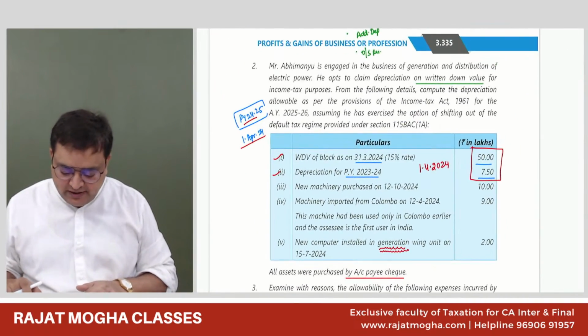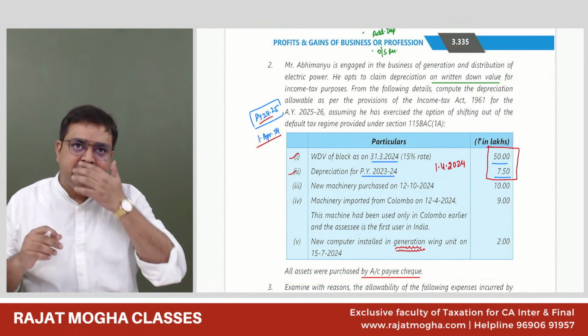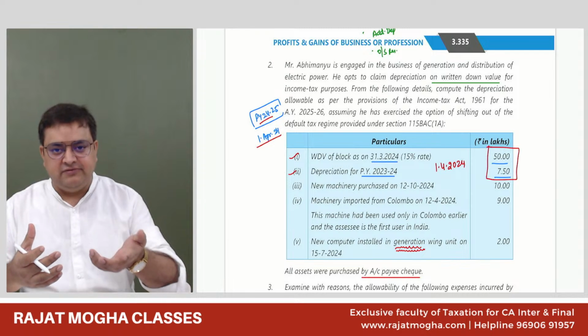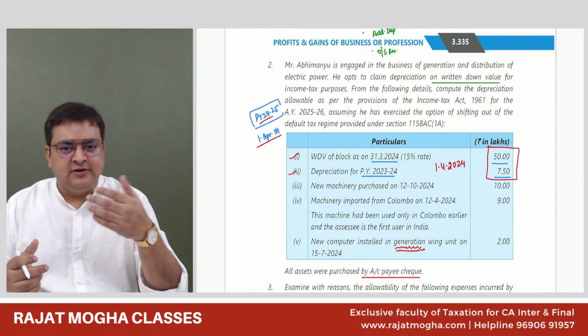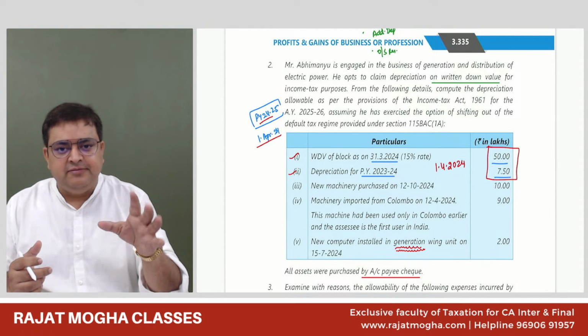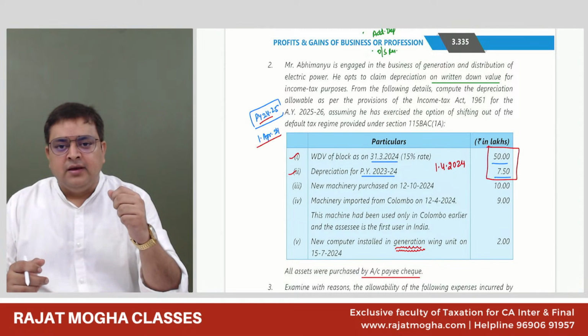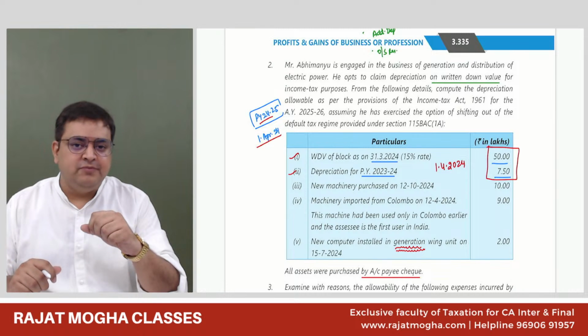So let us quickly do this question. Generally, a PGBP question comes as a full-fledged question of 15 marks. It is the total income question, but the majority, 60, 70, 80%, is PGBP only. Sometimes they give a separate small question on PGBP related to any particular thing.